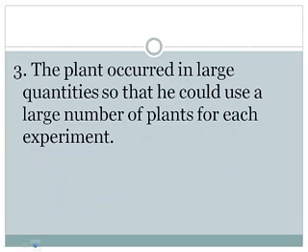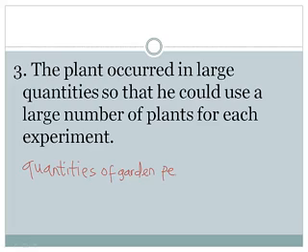3. The plant occurred in large quantities so that he could use a large number of plants for each experiment. After he carried out the experiment, one of the things he noticed is that the plant brought out lots of quantities, so that he could use a large number for the experiment.